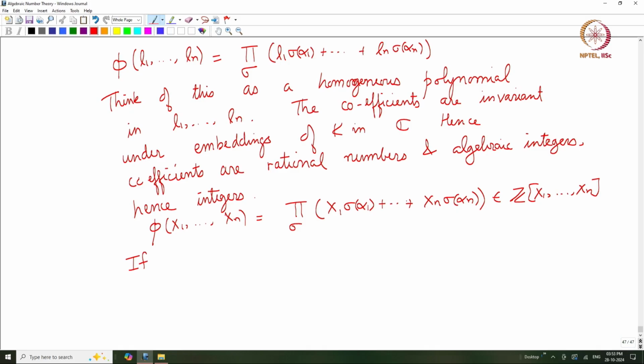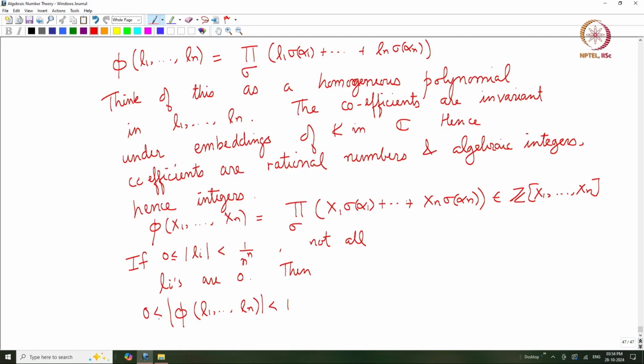This can have at most n to the power n terms, right. Okay. And integer coefficients. So, if mod of each Li is less than let us say 1 over n to the n, but greater than 0, not all Li's are 0, then phi of L1 up to Ln is certainly less than 1. So, mod of this is less than 1 and bigger than 0.